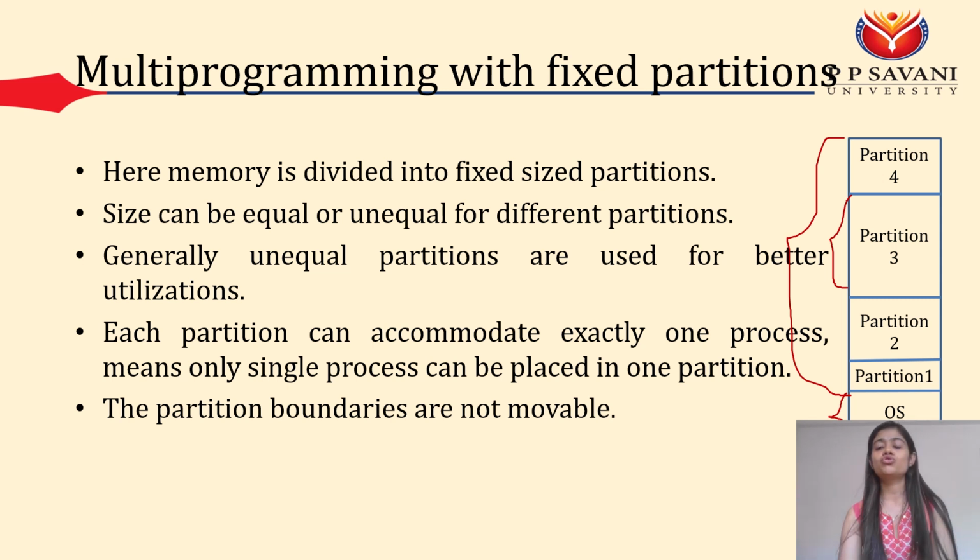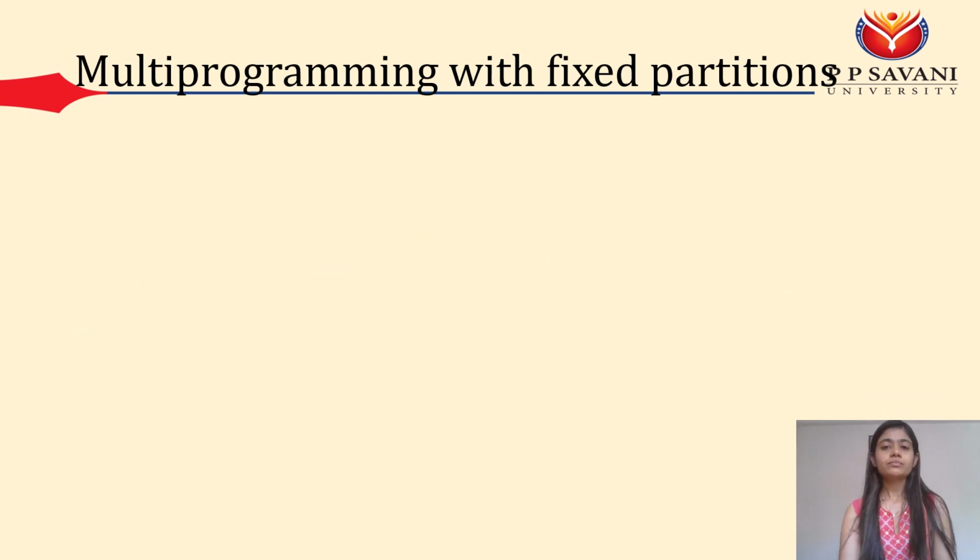You are not allowed to change the size of a partition after creating it. The size of the partition is created at the starting itself. After that, you are not allowed to change it. This is the fixed size. Based on your requirement, you can allocate your process in any partition, but per partition, only a single process is going to be allocated.